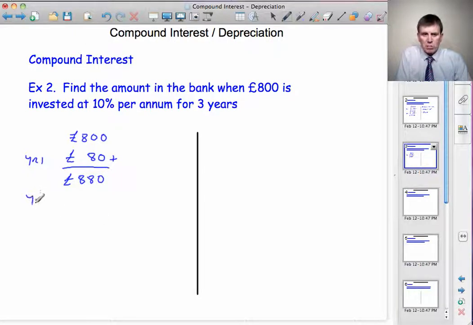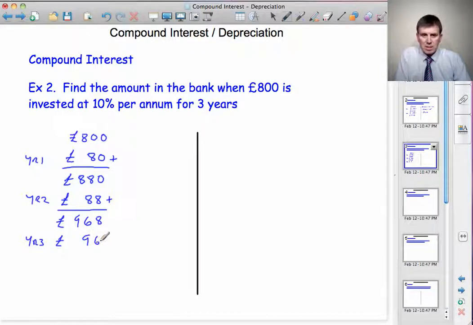Next, year 2, 10% interest. 10% of £880 is £88. So when that is added to what's already there, we get £968. Year 3, 10% of £968 is £96.80.